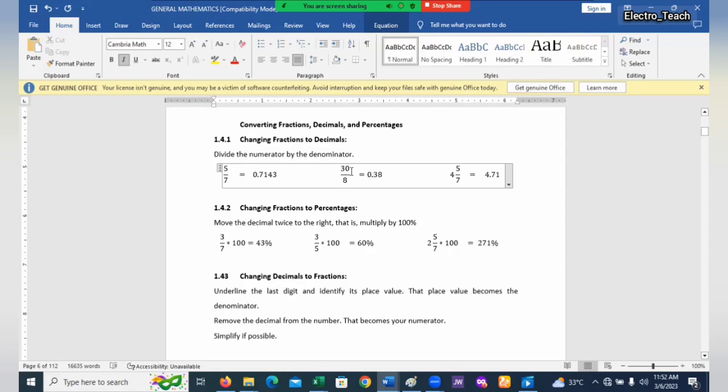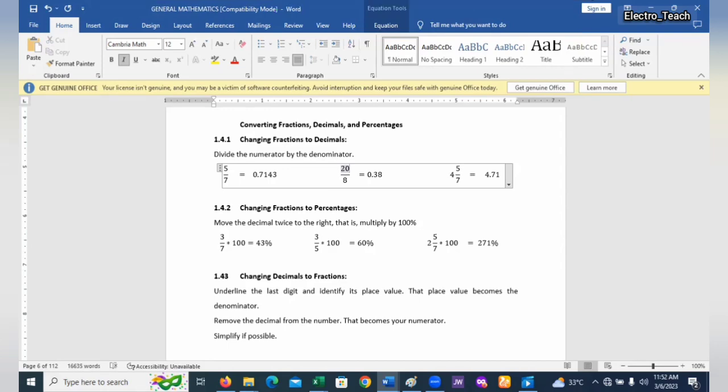So, you now say, how many times can we find 8 out of 30? That is 30 divided by 8. You can obviously find it 3 times. Now, with that, we can continue. If you find it 3 times, that is 8 times 3 will be 24. The remainder is 6. So you turn that remainder into a whole number again by adding 0 to it.